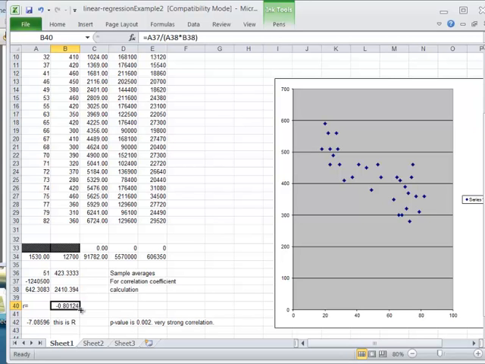As you see, this value is negative 0.8, which is a very high correlation value. So that indicates automatically very strong correlation. That's the sample correlation coefficient, as we call it.